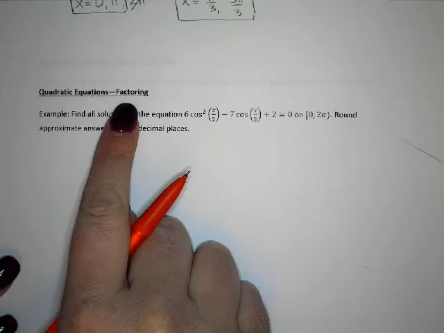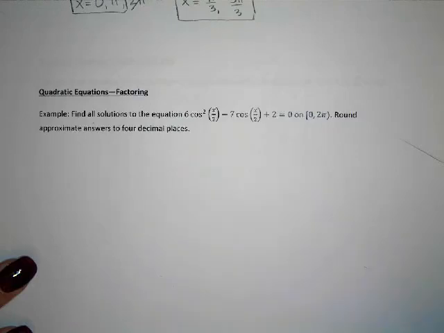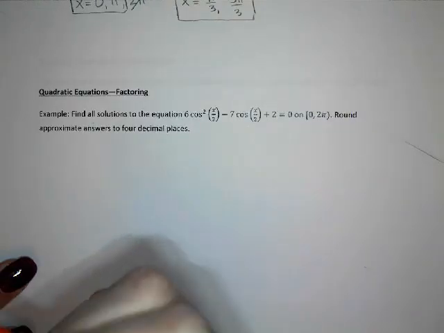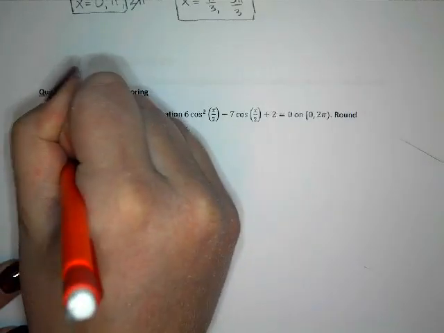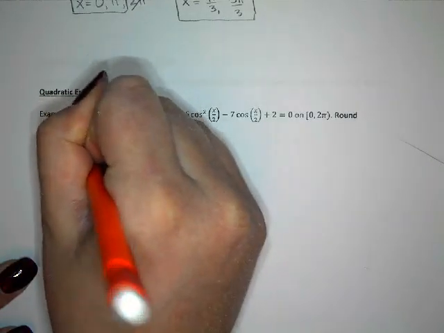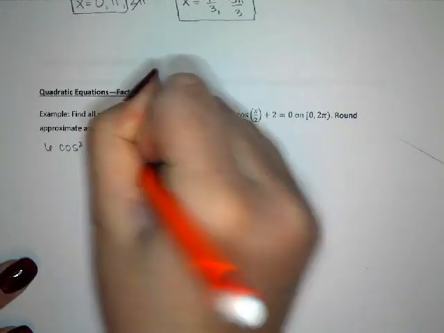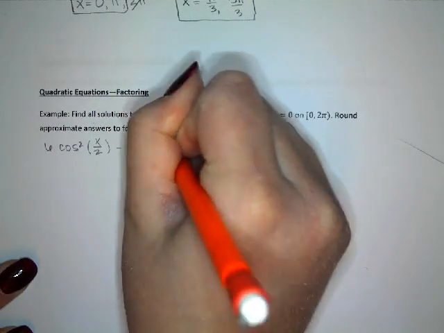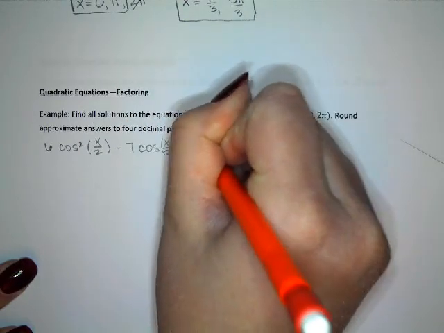Here you can think of this in terms of trig if you are comfortable factoring trig. So I'm going to go ahead and write this out: 6 cos squared of x over 2 minus 7 cos of x over 2 plus 2.